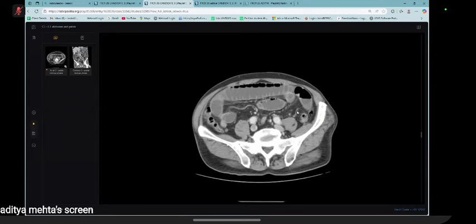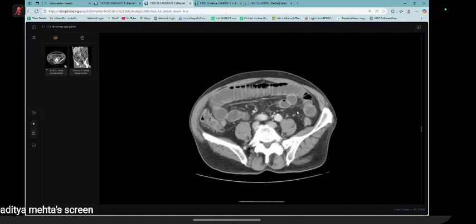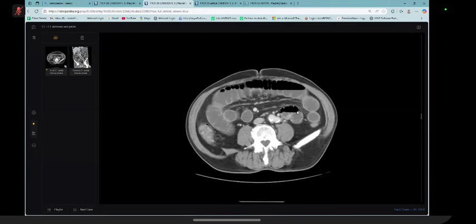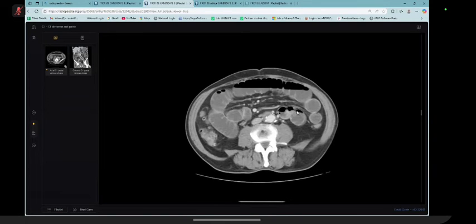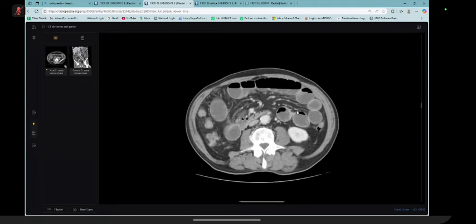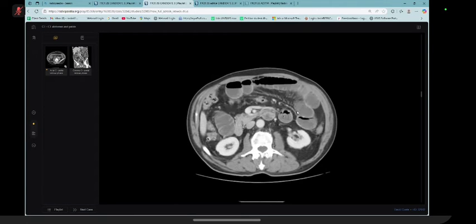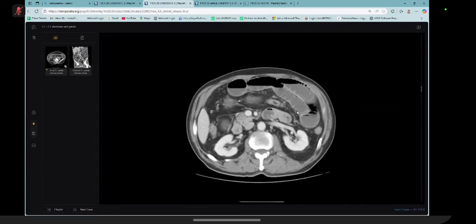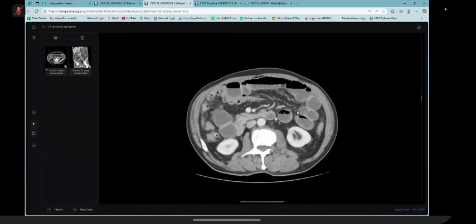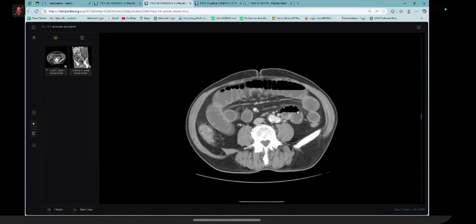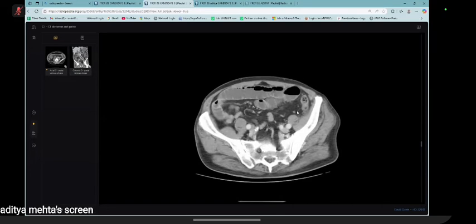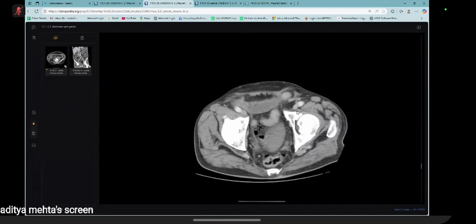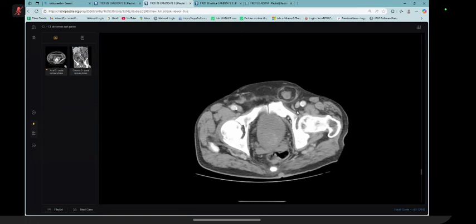There is no evidence of pneumatosis intestinalis, no evidence of pneumoperitoneum that I can see. The ascending colon appears normal. So I believe that this small bowel is within the ileal loop. While I'm going down, I can see the cause of this intestinal obstruction: there is evidence of a hernia noted here.